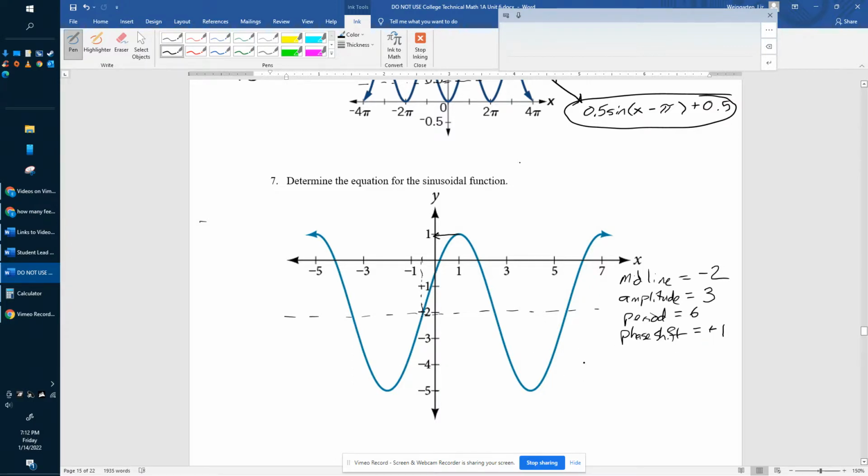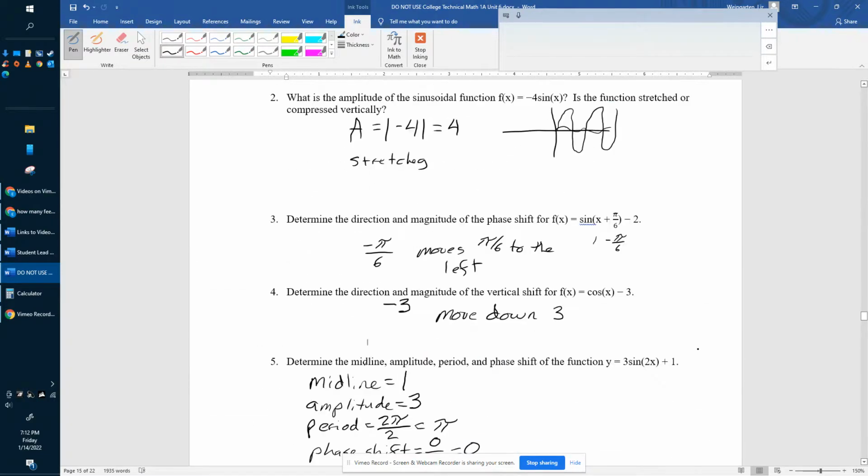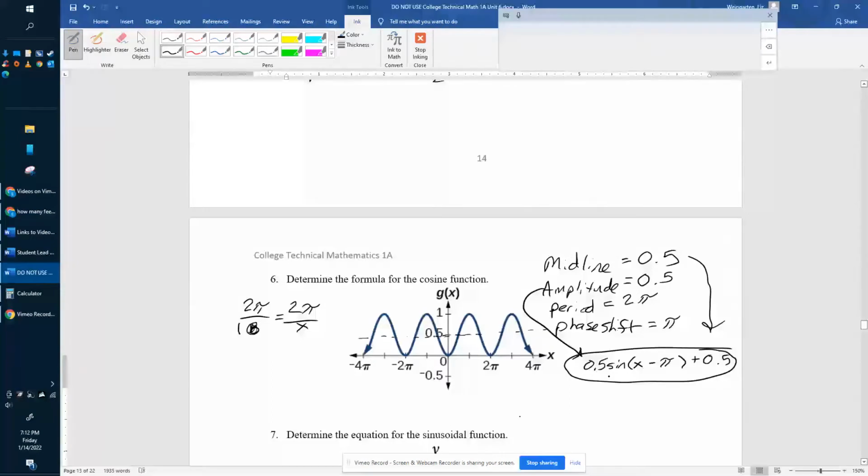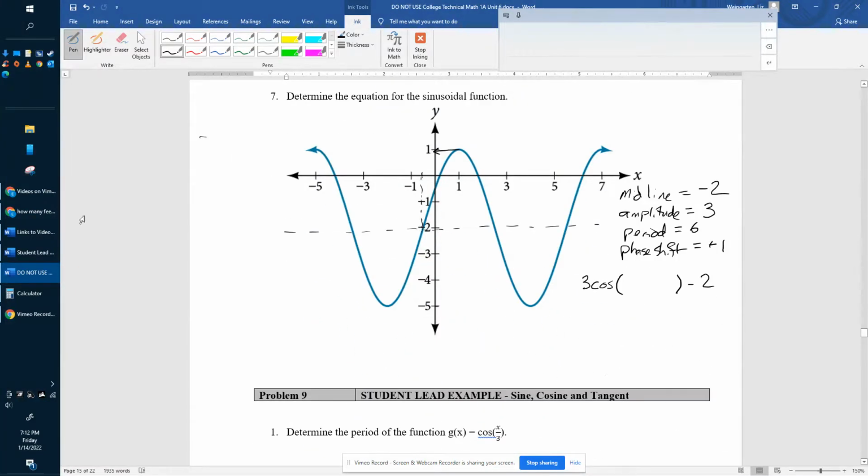So our amplitude is going to be 3 times cosine of something -2. So how do we figure out b again? Let's see. Our period is 2 pi over the absolute value of b. Our period is 6, which is 2 pi over b.